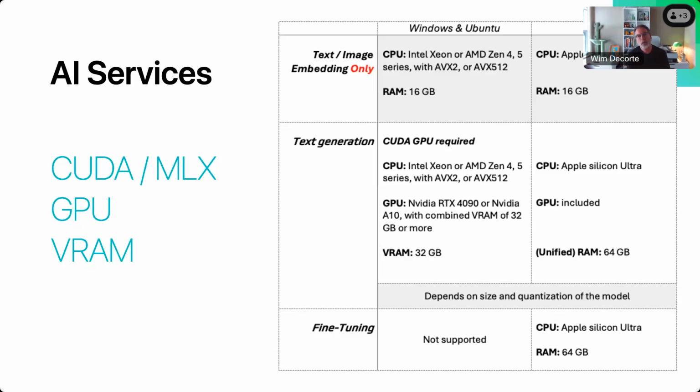There's a few questions about hardware. I think some are answered in chat, but I guess this is for Ronnie or Wim. Is there a reason fine-tuning is not supported on Windows and Ubuntu? This is the initial release, and so we'll definitely try. But just in general, Apple hardware is really good at this.